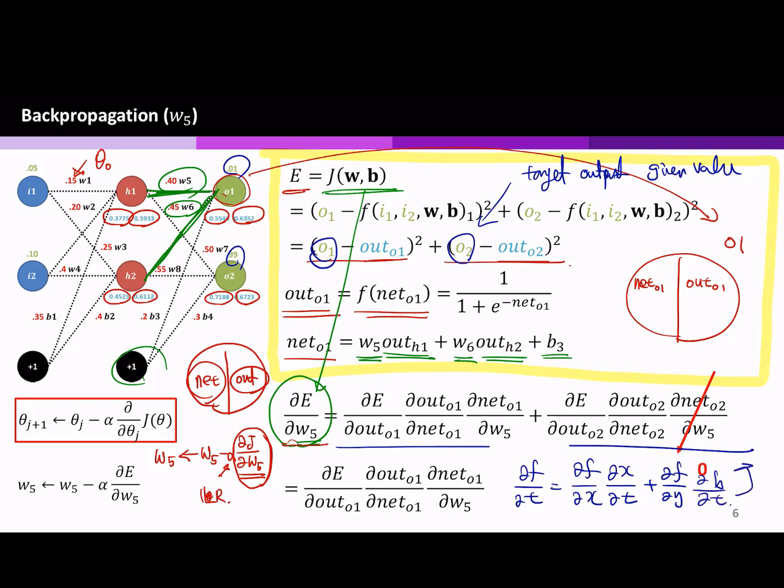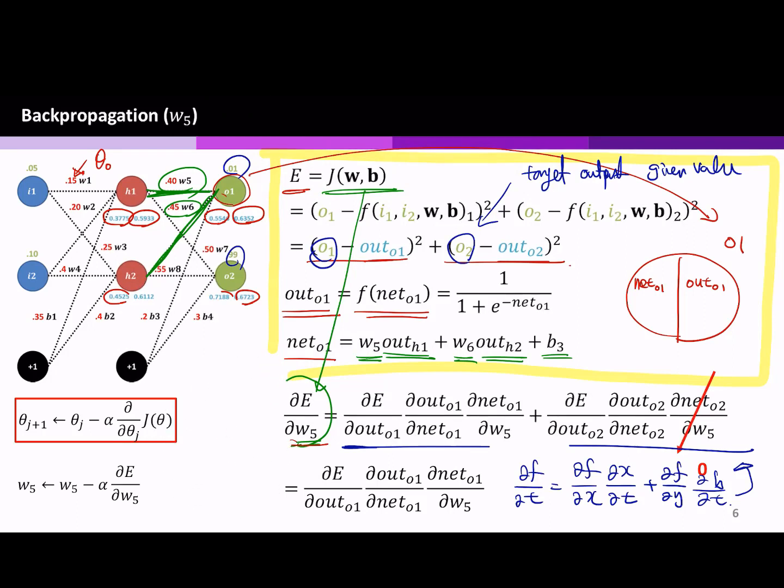Exactly the same way here: partial E over partial out O1, then partial out O1 over partial W5.